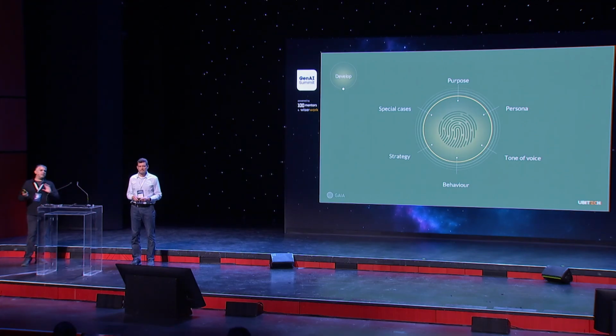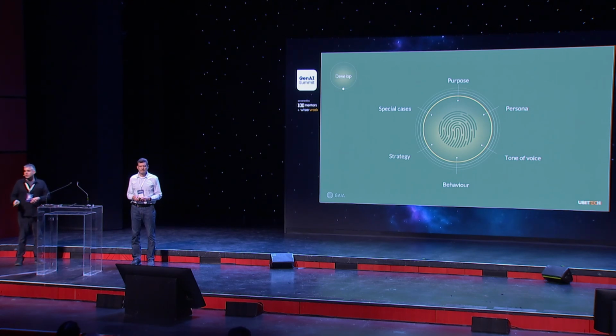And just to make it easier for you to understand, let's use an example. Let's say we're making a customer support assistant. So the purpose: employees often have ambiguity about policies or processes.